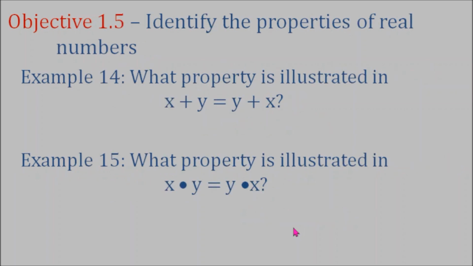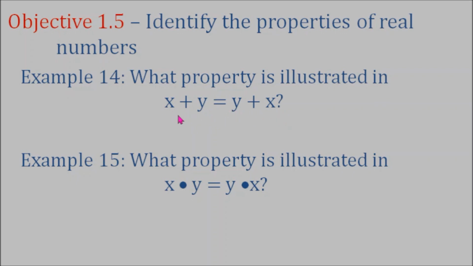Objective number 5. Identify the properties of real numbers. Example number 14. What property is illustrated in x plus y equals y plus x? Notice here we are adding 2 letters and we just change the order.